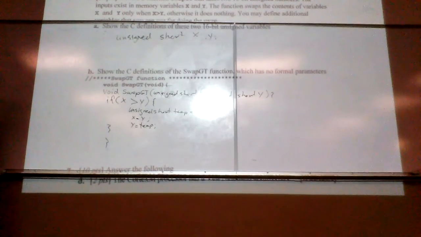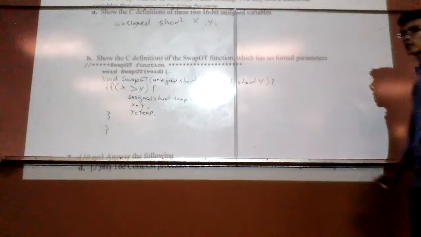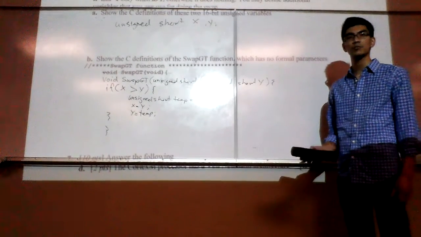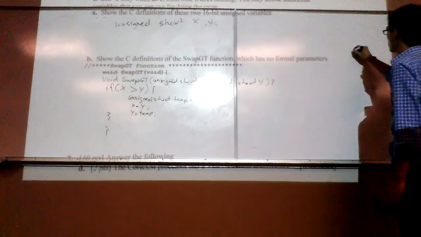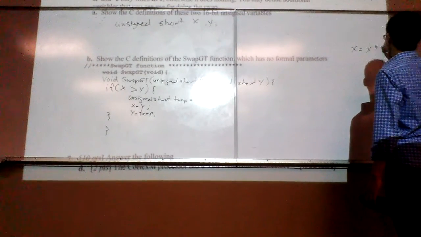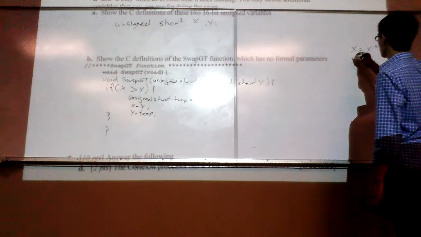Do you declare temp inside or outside of it? No, not for this case. You can actually do this with... the reason he says you can define another variable, which seems pretty obvious, is because you can actually swap two variables without ever using another variable, if I do this.